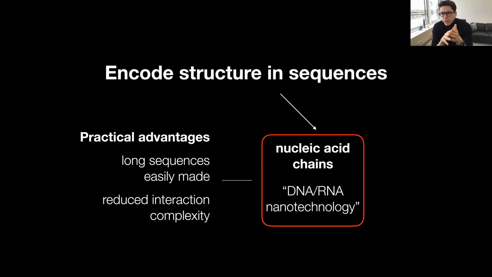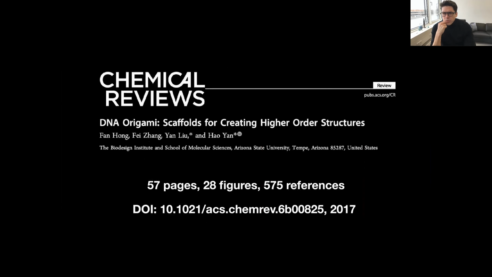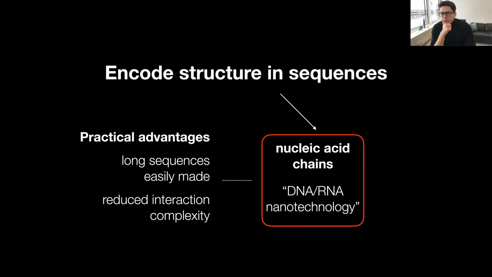Whereas in the world of nucleic acids, we typically work with only 4 building blocks, A, T, G, C, and there's one dominant mode of interaction between these bases, which is Watson-Crick base pairing, which facilitates the design problem, as we will see. So I will be talking for the rest of the talk mostly about our contributions to this field.